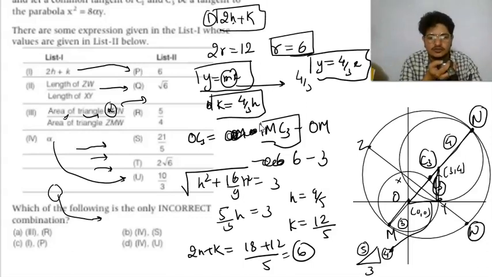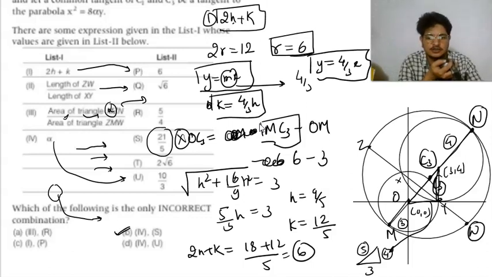Which of the following options are incorrect? We have to check this. The third, 3 to R, is correct, so we can't take this one. Second, 4 to S, 2 by 5, it is not correct, so we can take this option as the incorrect combination.